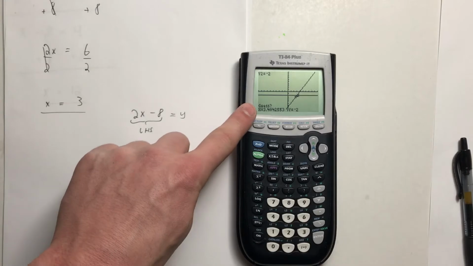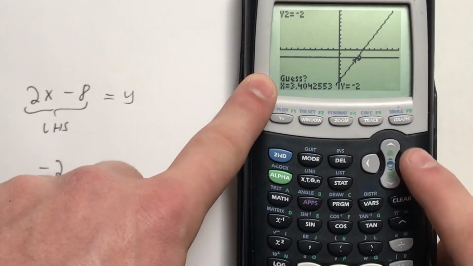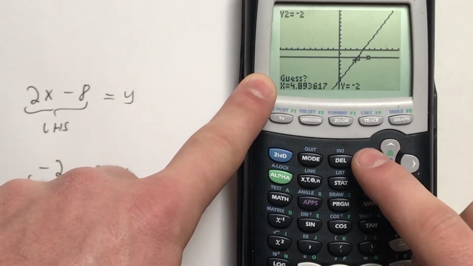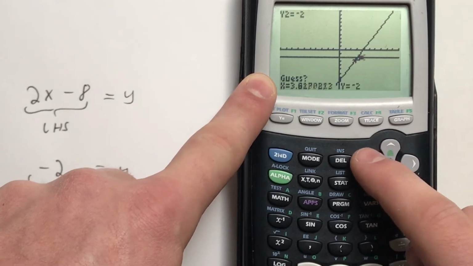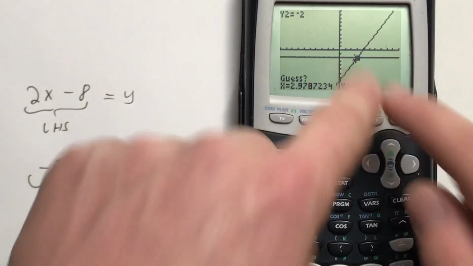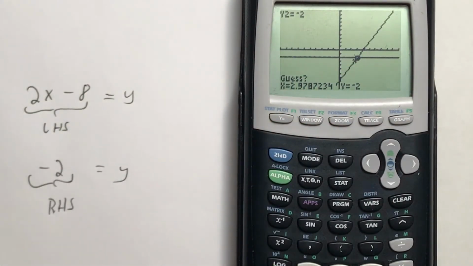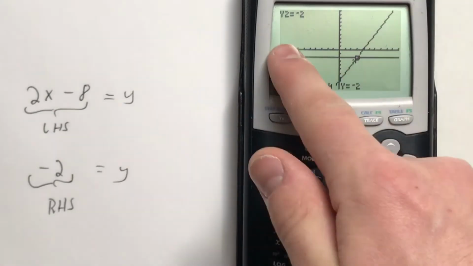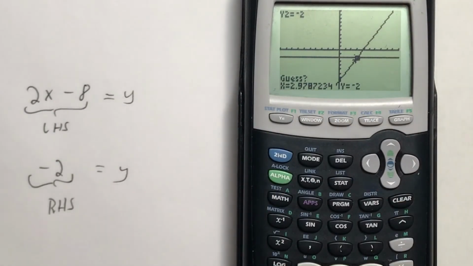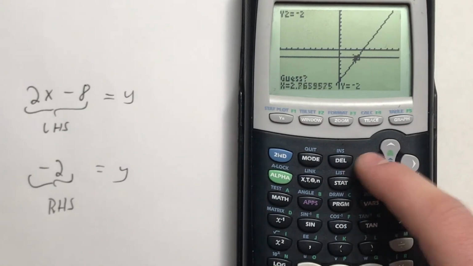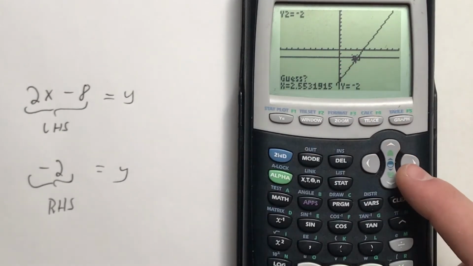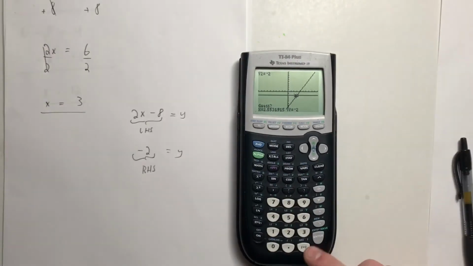When the calculator asks you for a guess, just put the cursor as close to the intersection as you can. For two simple lines that cross at an obvious spot, your guess isn't too important, but you want to make sure it's close to the intersection of those curves, and then we'll press enter one more time.